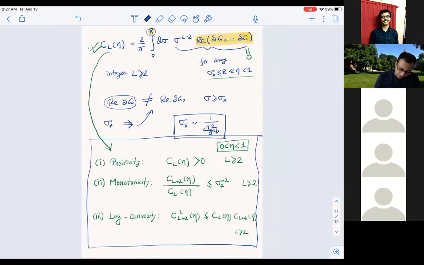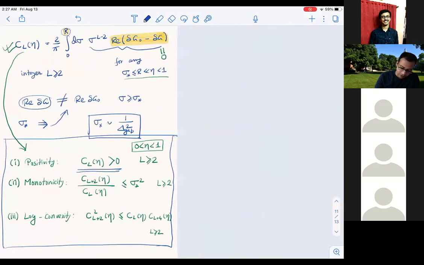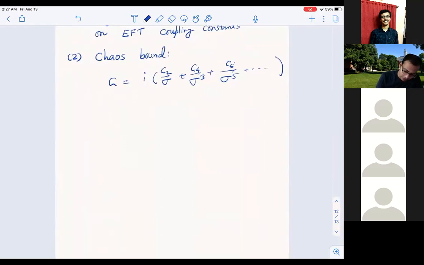If you look at the positivity condition, it's a strict positivity condition. That means all these terms are non-zero. So naively, it looks like the chaos bound is violated, because a naive interpretation of the chaos bound would be that the Regge correlator cannot grow faster than 1 over sigma.